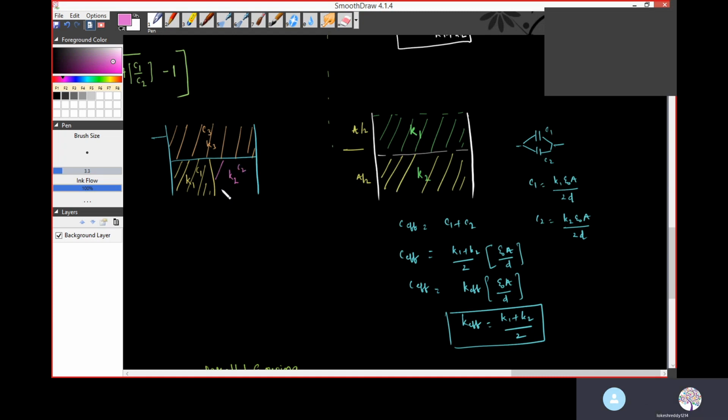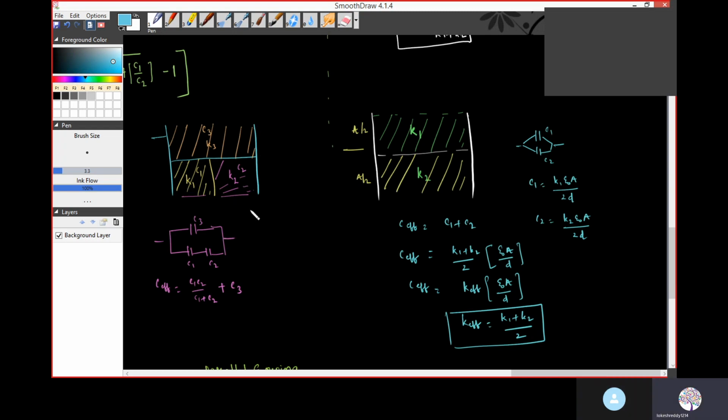Now, first you have to calculate that C1 and C2 are in series, and then C3 is in parallel. So here C effective is equal to, for these two, C1 C2 by C1 plus C2, and that is parallel with C3.